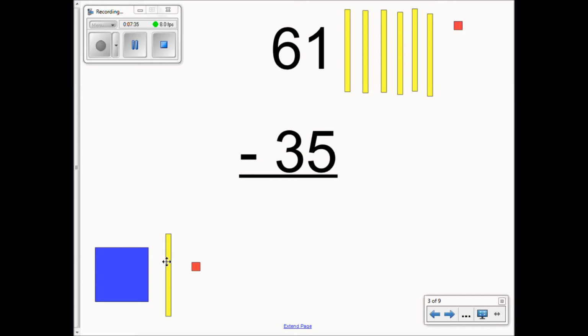Now, look up here. I have a problem because I need to subtract 5 of those. But I've only got 1. Do you have any idea? Turn and talk to your partner and tell them, what in the world do you think I'm going to do? Turn and talk.